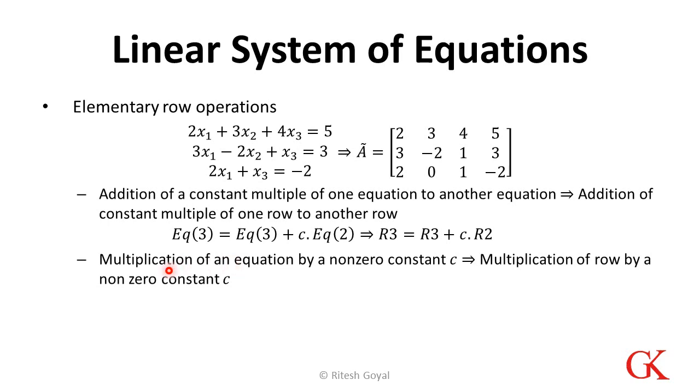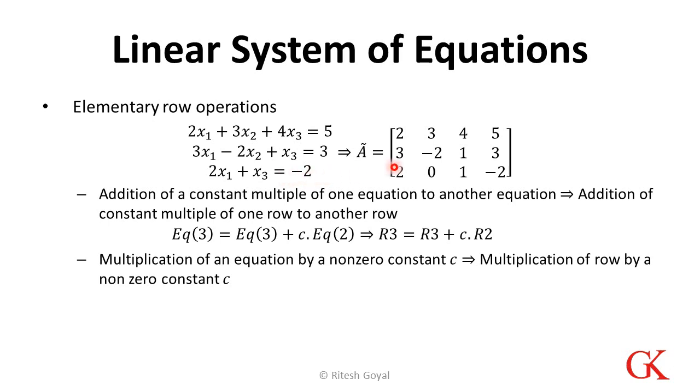The third elementary row operation is multiplication of an equation by a non-zero constant c. It means if we want to multiply equation 3 by a constant, let's say 5, the equation becomes 10x1 plus 5x3 equals minus 10. In this case, it's going to represent the same line and ultimately an equivalent set of equations providing the same solution.